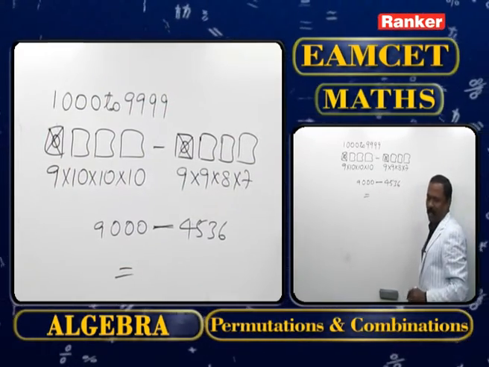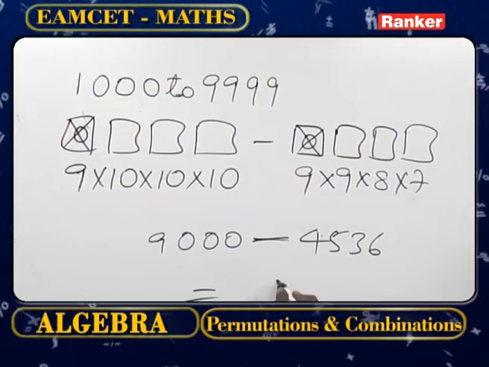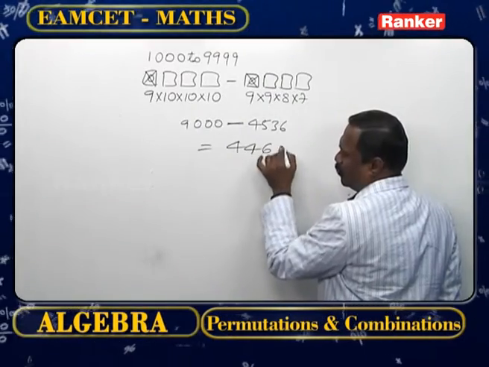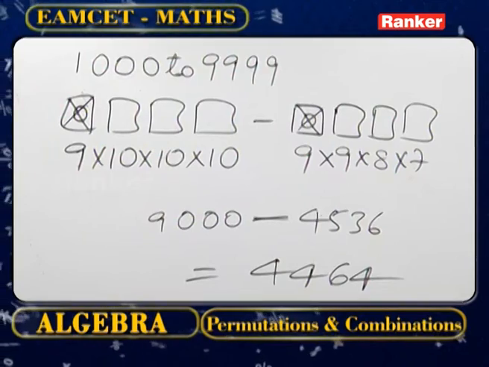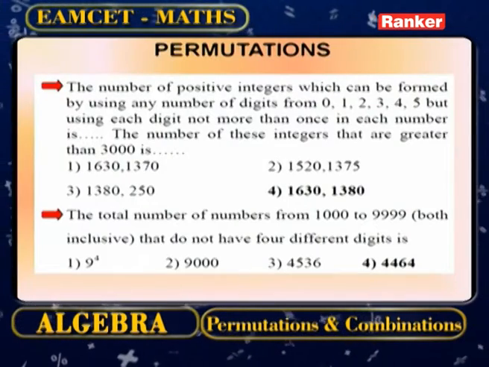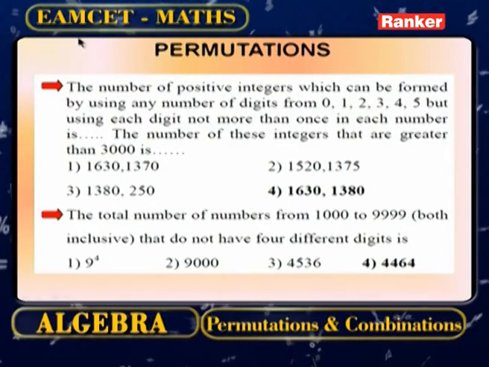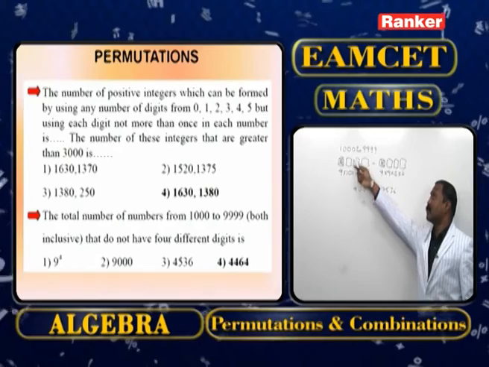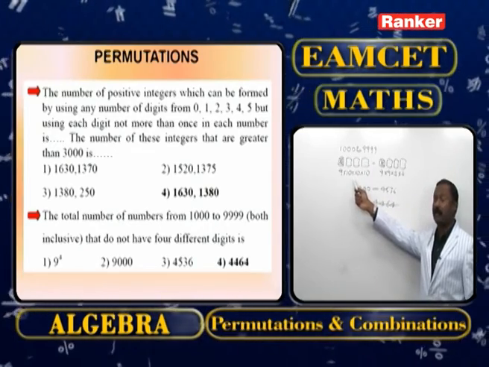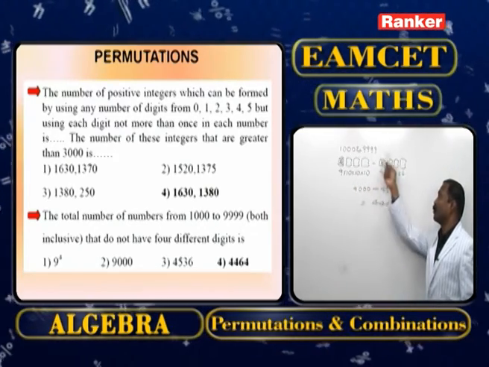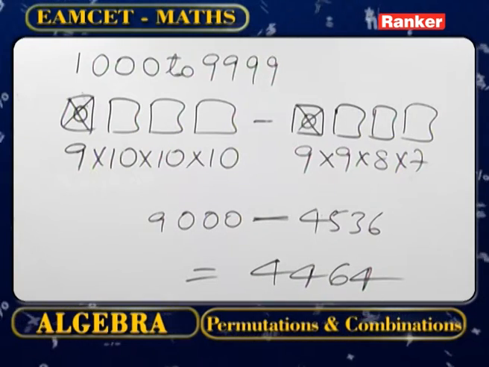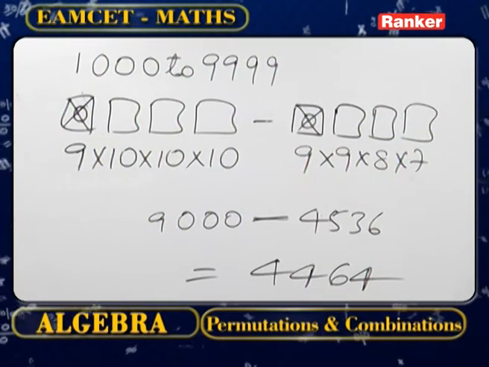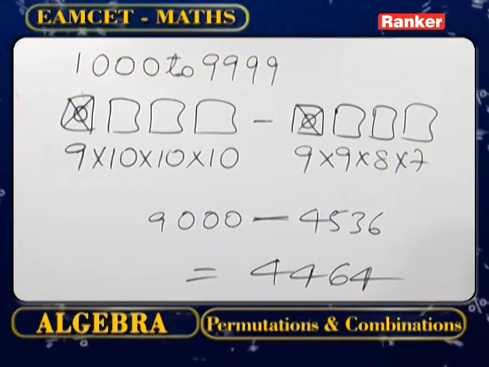Subtract this to get the final answer, which is 4464. The simple logic here is we have got the total number of numbers, and we have subtracted those numbers that are not needed from the total number. That's what we have got. Simple question. Okay, let's go to the next one.